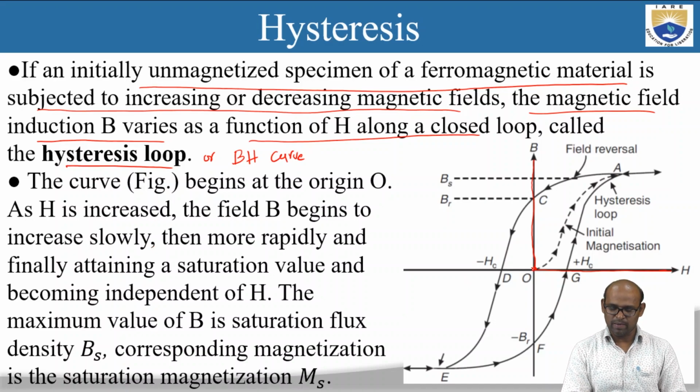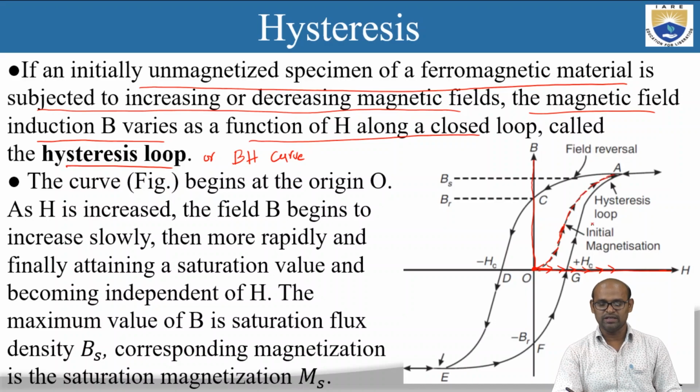As I increase the magnetic field in this direction, the magnetic field induction is also increasing. The dashed line is the first variation of the magnetic field induction as I increase the magnetic field in this direction.